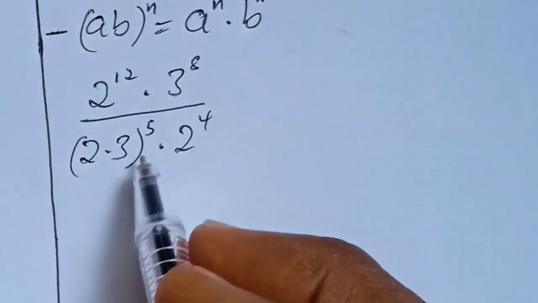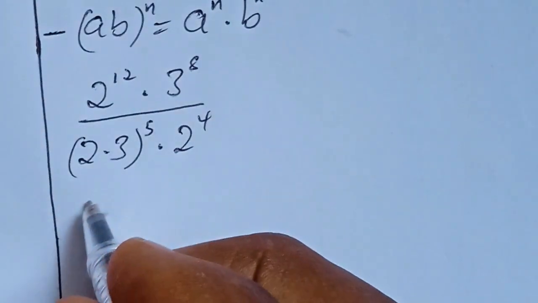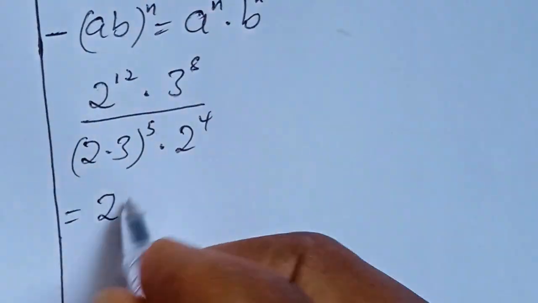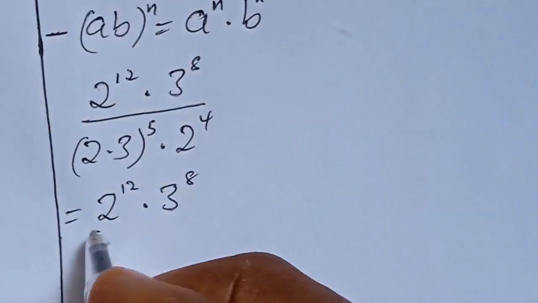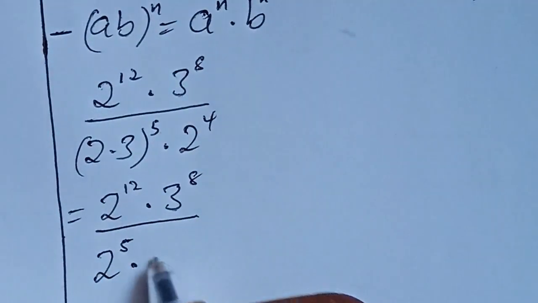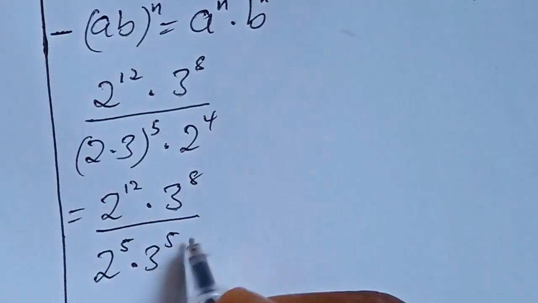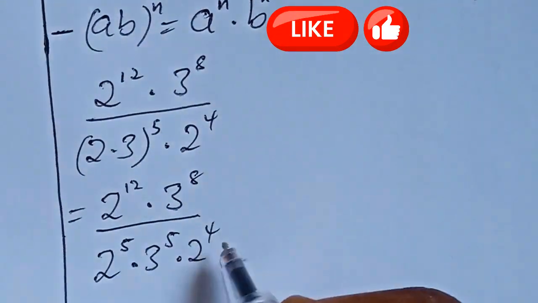Now we can multiply this power with the base. So we have that to be equal to 2 to the power of 12 multiplied by 3 to the power of 8 over 2 to the power of 5 multiplied by 3 to the power of 5. Then we have 2 to the power of 4.